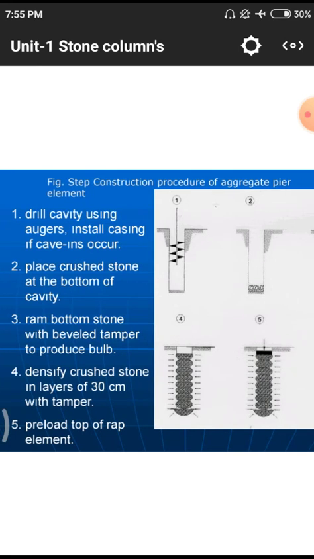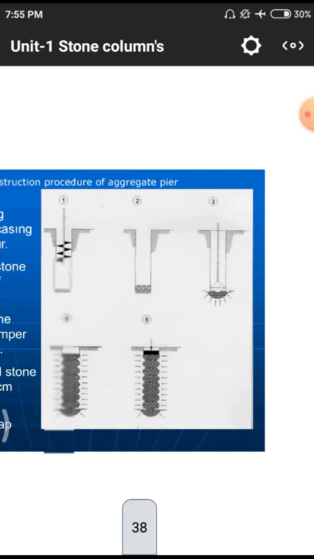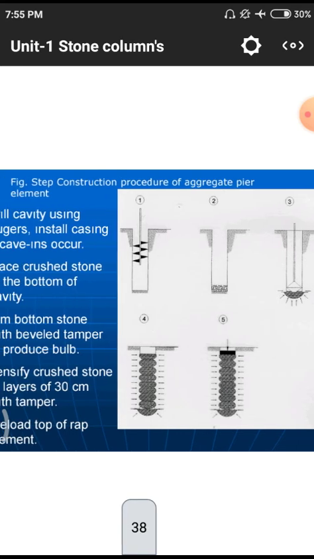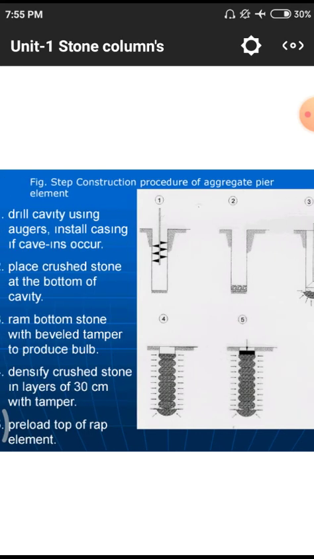Okay, this is the structural phenomena. That means how we need to dig the particular column. First of all, here we have totally 5 steps in this structure, with 5 diagrams, 1 2 3 4 5. In the first one we have an auger boring.